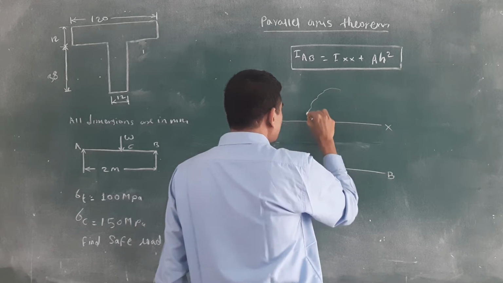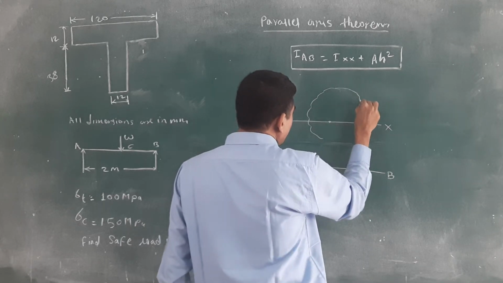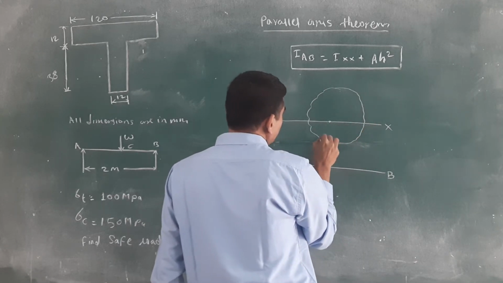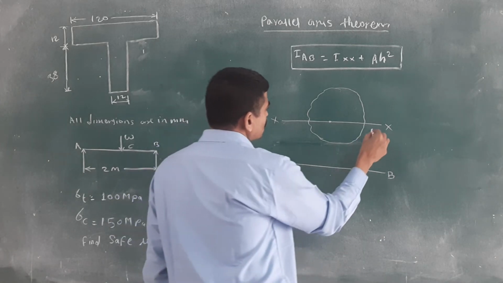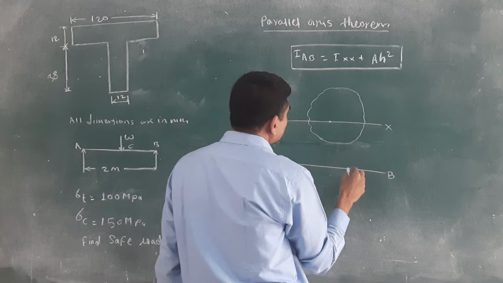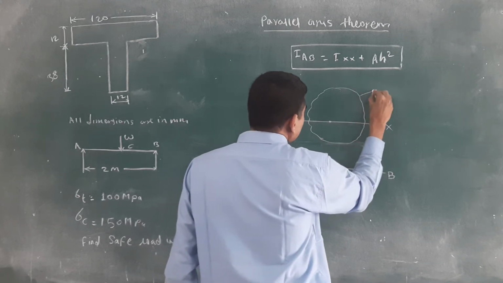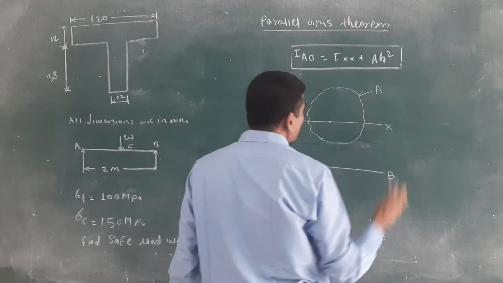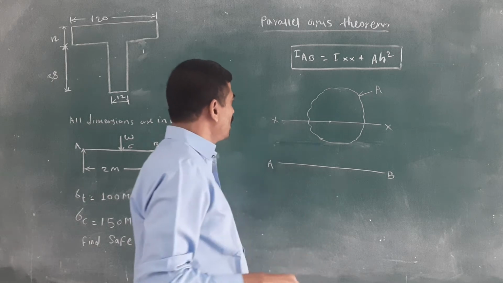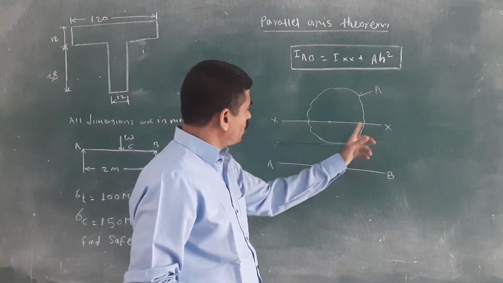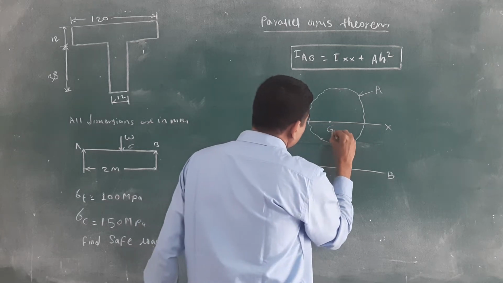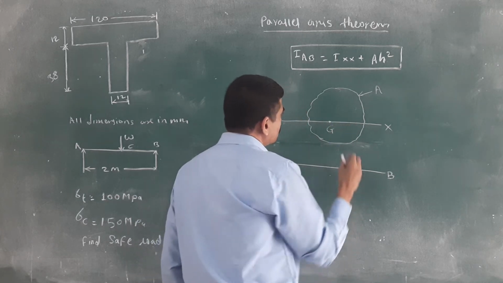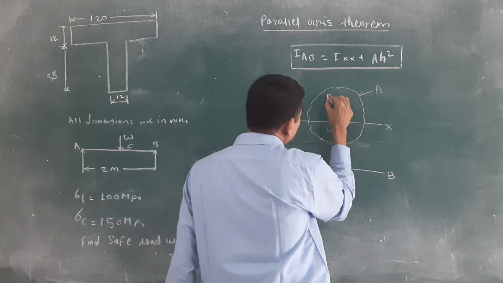I will consider here one area, with the moment of inertia about the axis XX. Suppose here is the area of that body, and the centroid of that body is at point G. Then how to calculate this?